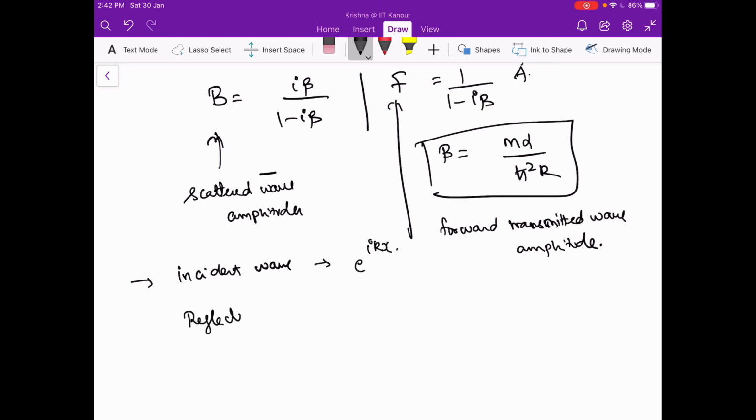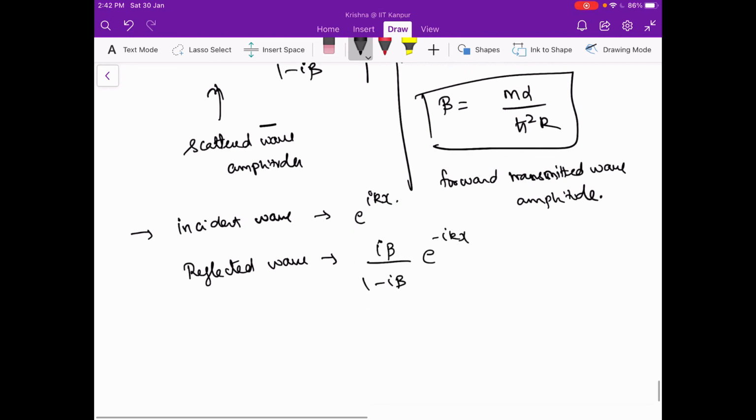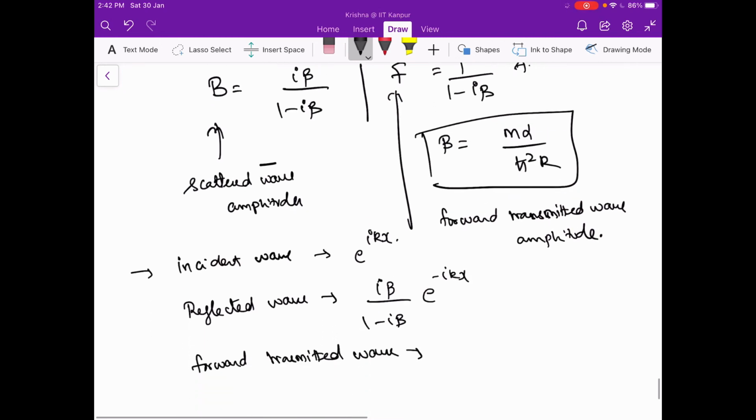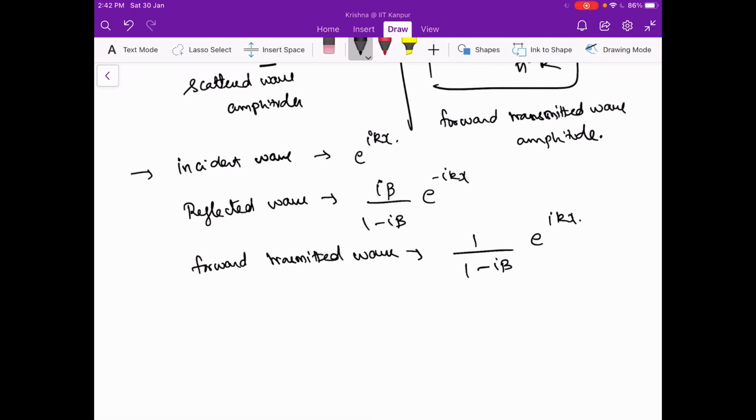The reflected wave is iβ/(1 - iβ) e^{-ikx}, and the forward transmitted wave is 1/(1 - iβ) e^{ikx}, right? So basically these are ψ forward of x, this is ψ reflected of x, and this is ψ incident of x.